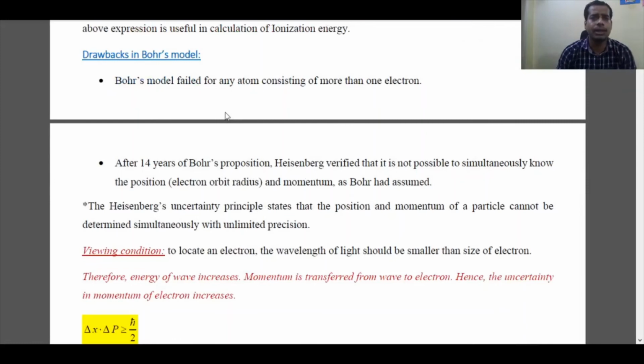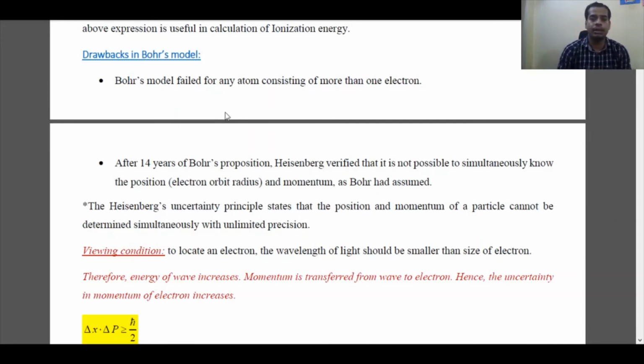The first drawback was it failed for many electron atoms. Bohr's model was very good at explaining the properties of hydrogen atom or single electron species, but when there is a consideration of multi-electron species, Bohr's model simply failed. It couldn't explain those properties that it could explain for hydrogen atom.